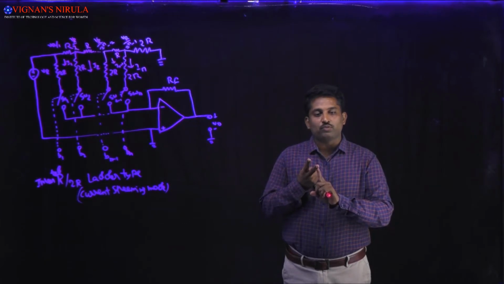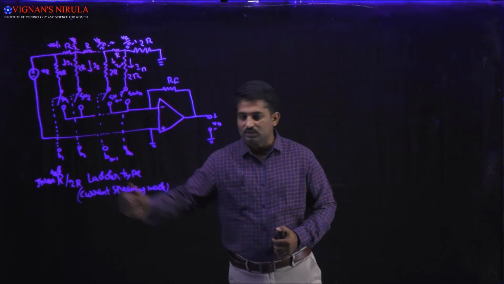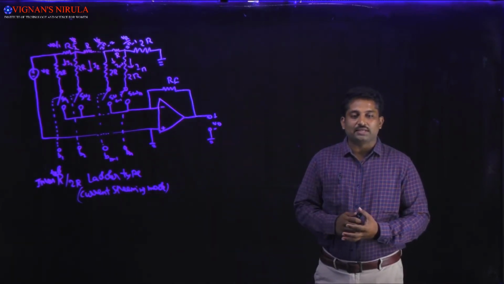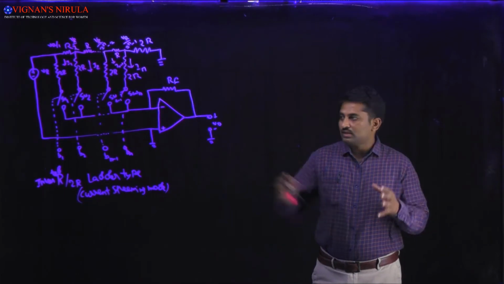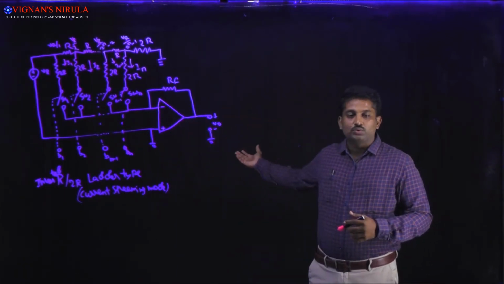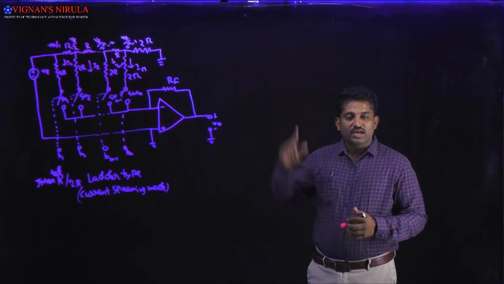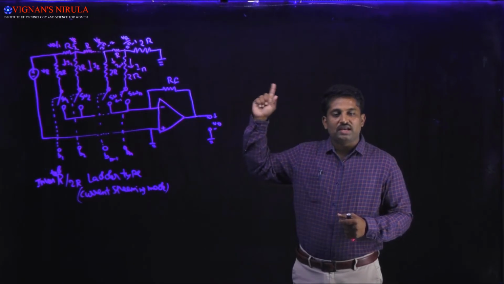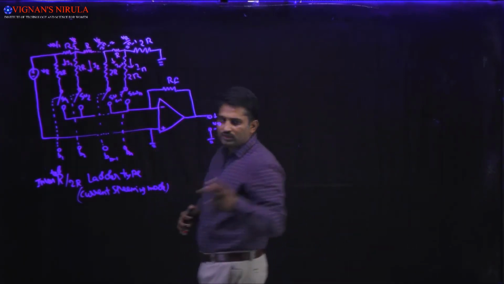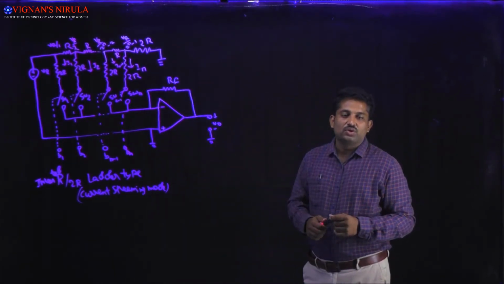First I am going to explain the current steering mode, which is also called the inverted R by 2R ladder type DAC technique. If you compare the circuit diagram with the previous DAC technique, the binary weighted resistor DAC, there we used n number of resistors, but in this case we use only two resistors, R and 2R.